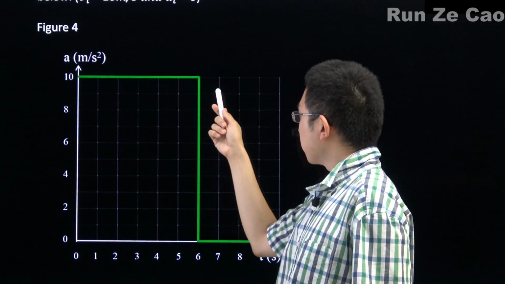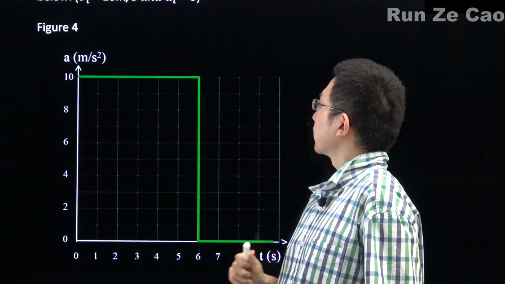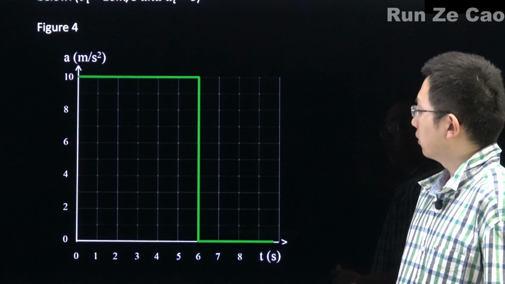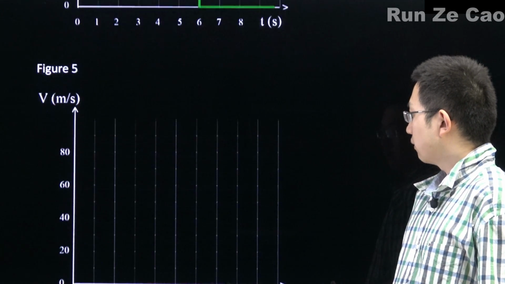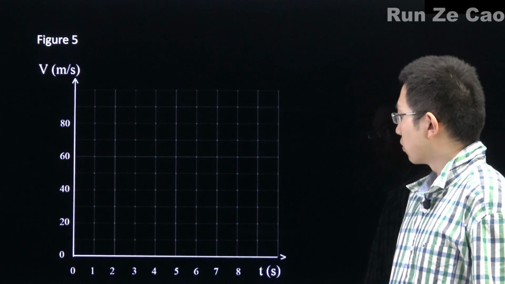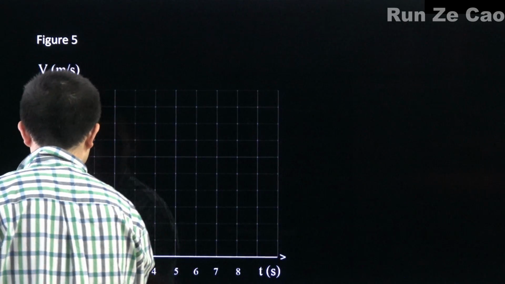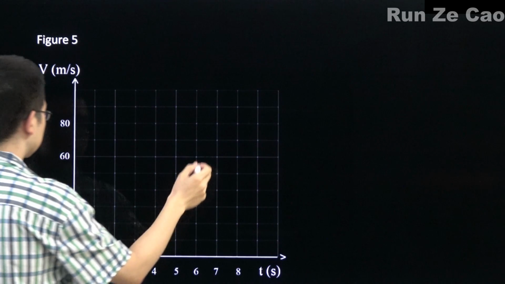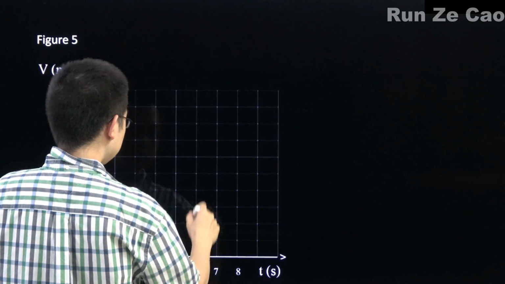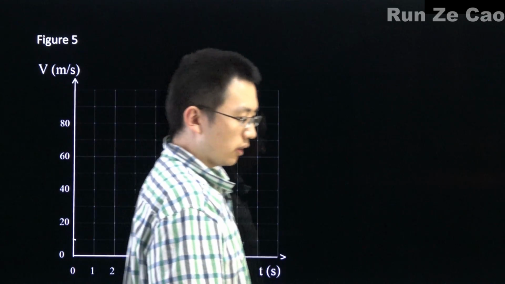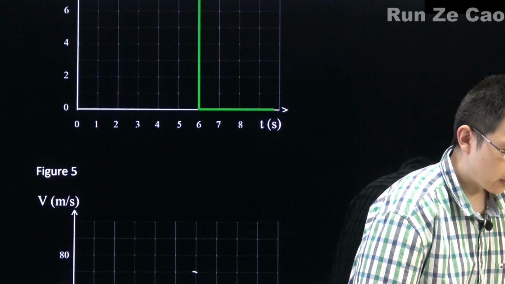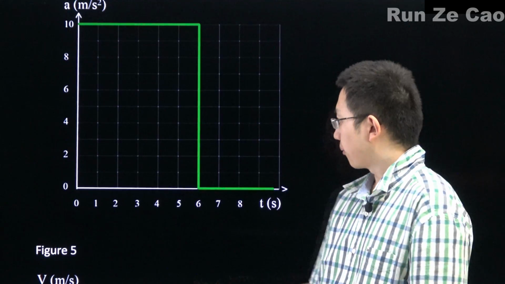Acceleration is going to be 10 meters per second squared for 6 seconds. So we go from 10 to 70. At 6 seconds we reach 70, and then we go on a flat line for the rest of the time.